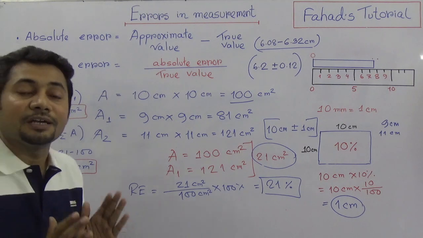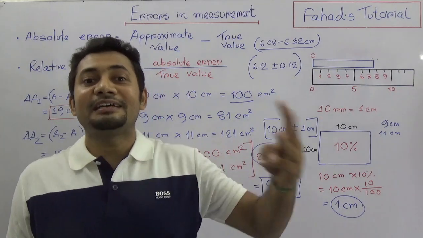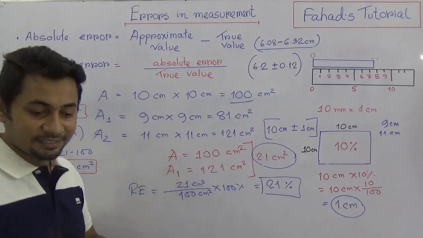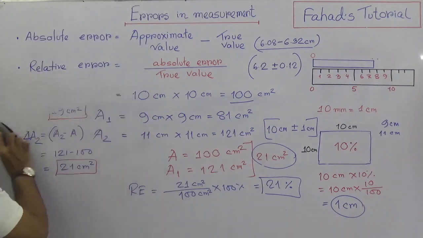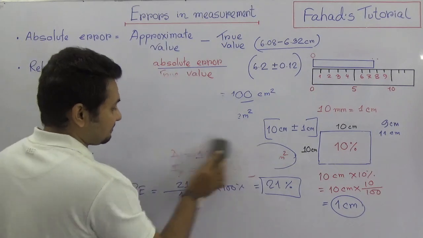Now, if you want to measure the volume, I mean three-dimensional, three lengths together, we are measuring here two lengths. Now, if we measure three different lengths, then the scenario would be the same.